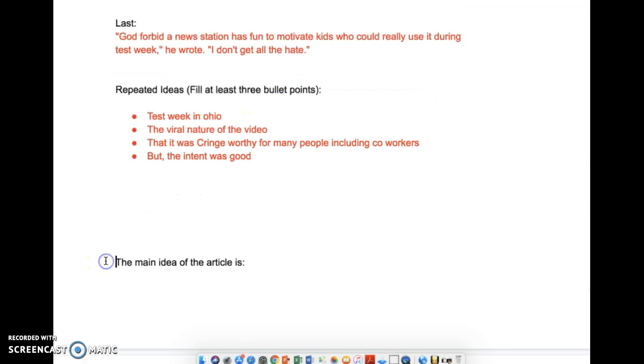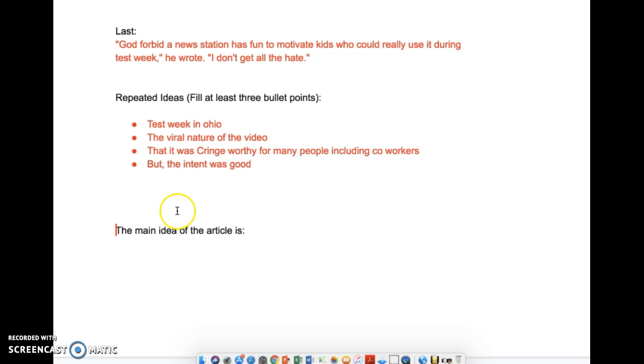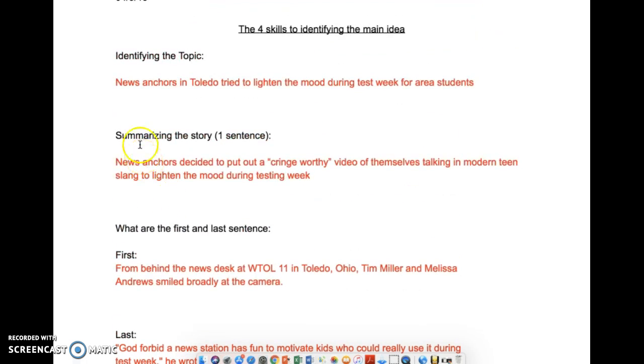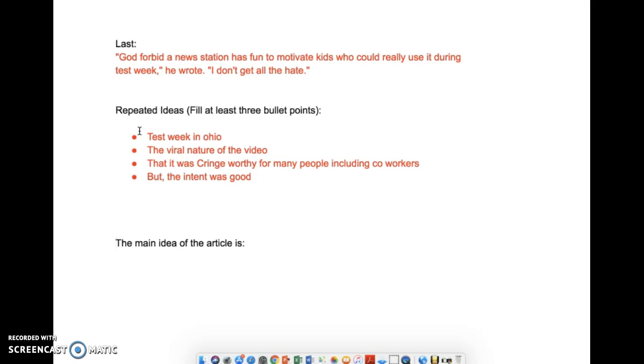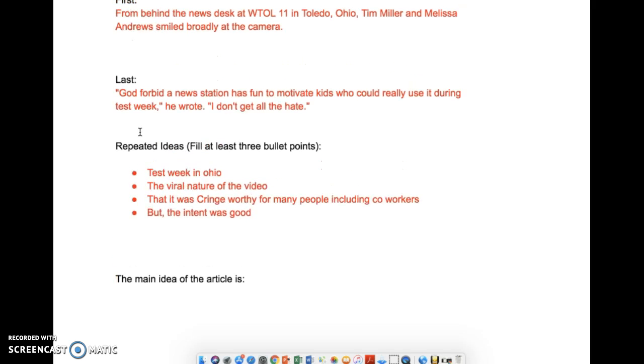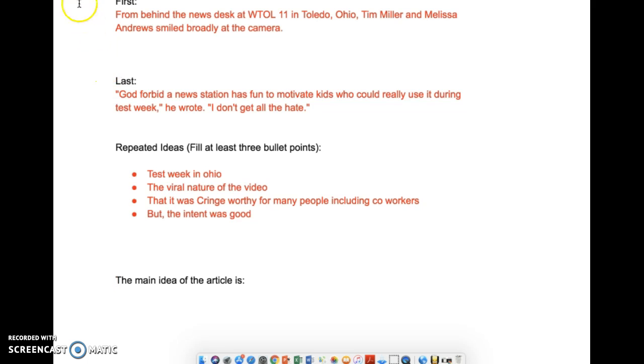And now we're down to the main idea. Now, this up here says, news anchors in Toledo tried to lighten the mood during test week for area students. Is that the topic? Or is that the main idea? Let's take a look again quickly back at the title of the article.